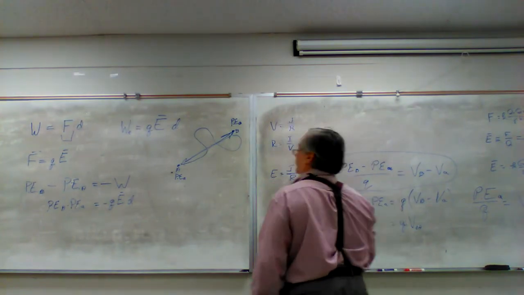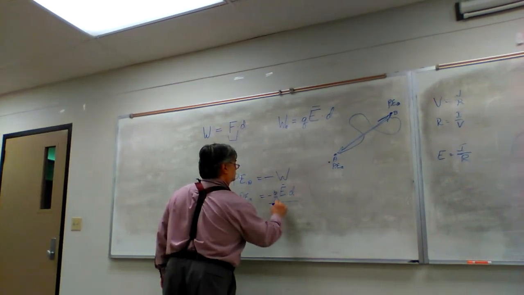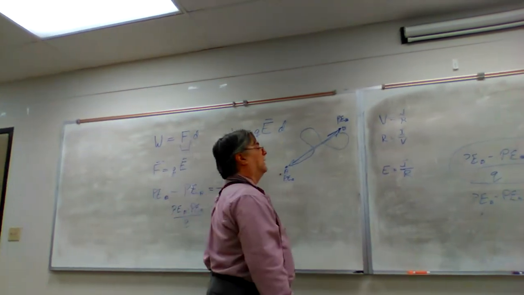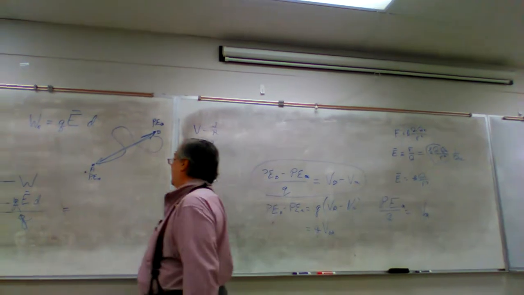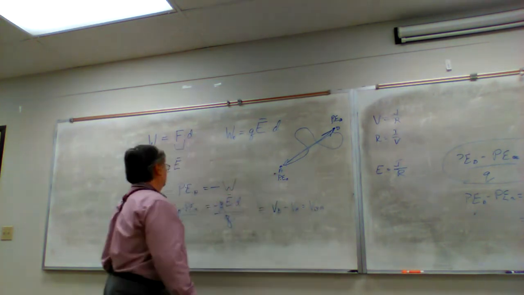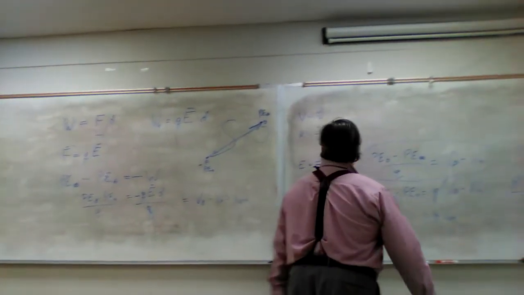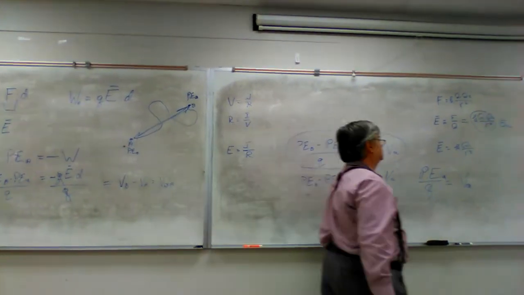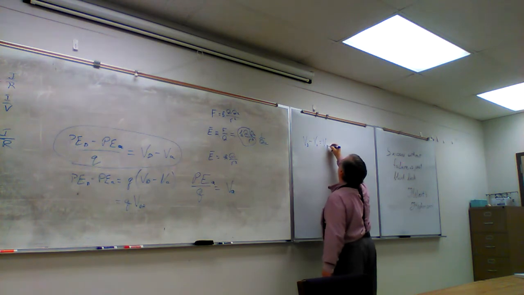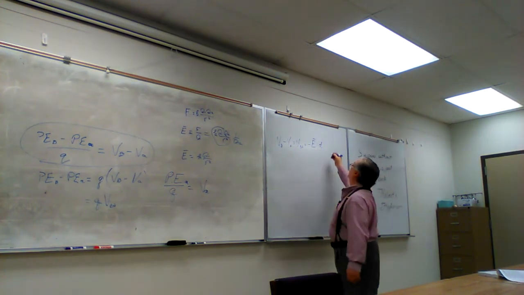If we divide that by Q, we're left with voltage from B to A is equal to the negative of the electric field times the distance. And that's the distance from B to A.